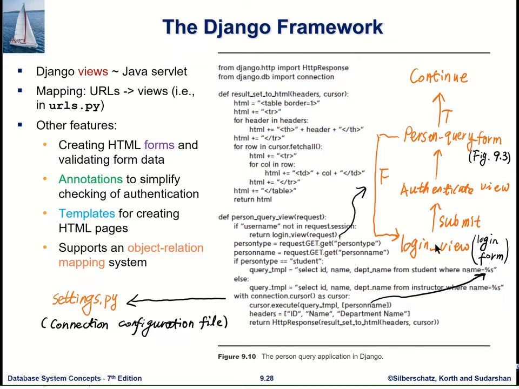For the login view, we just create HTML code where you input your username and password. So it's a login form, and after you click login, submit, it is purely just HTML code. You click login, go, and then it will run another piece of code.